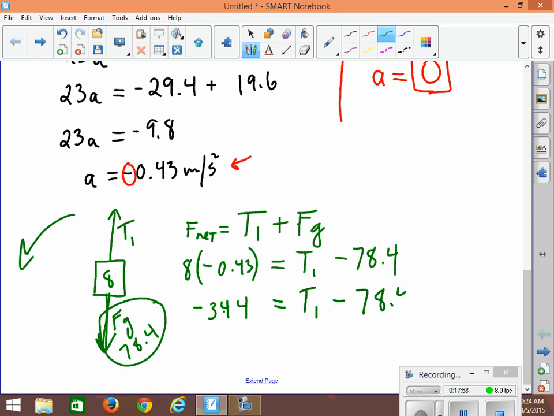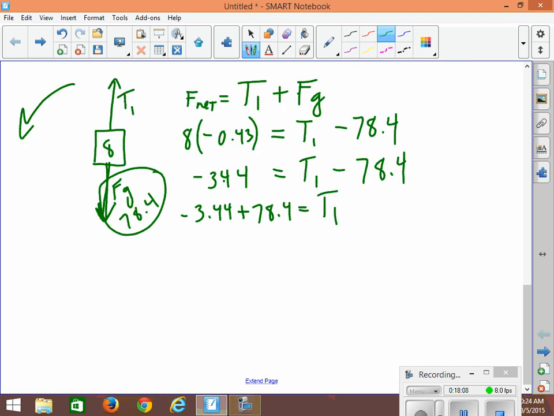Negative 78.4. Bring it to the other side, 3.44 plus 78.4 equals T1. So T1 is about 75-ish newtons, right? So let's just say 75-ish newtons is the value of T1. Now we got a positive number.